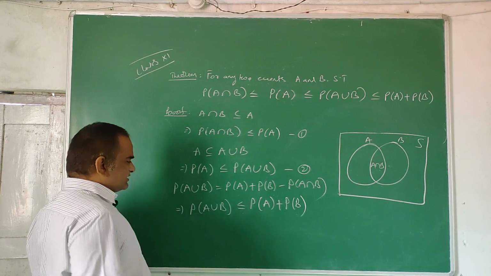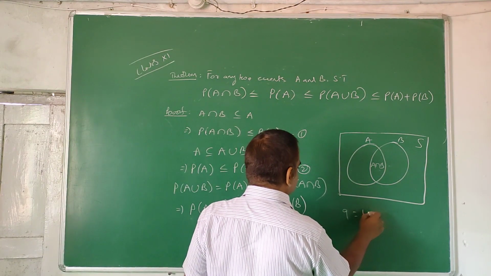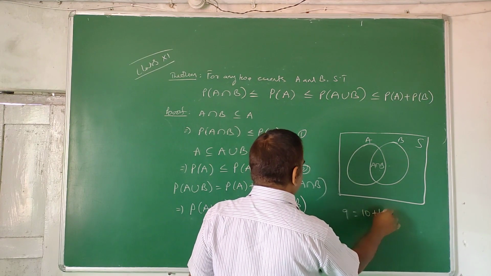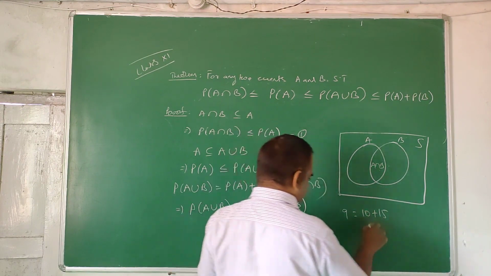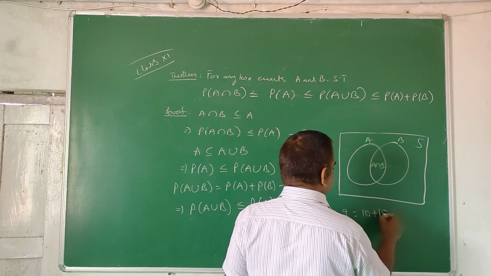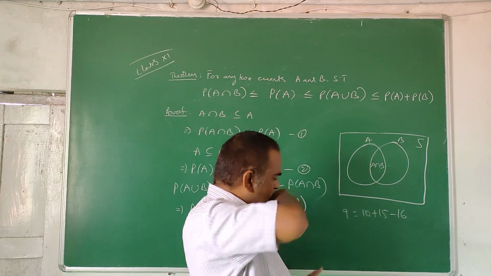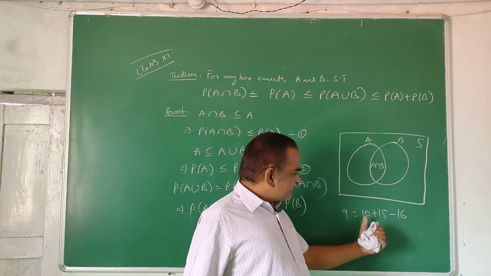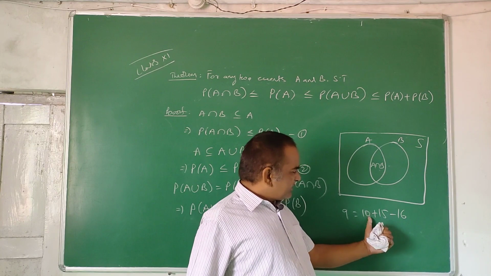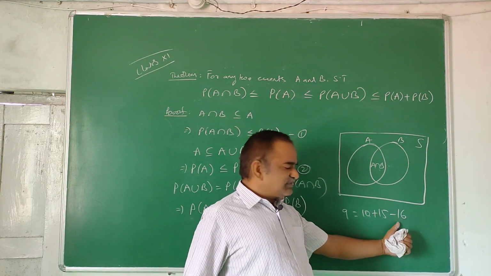Did you understand? See, for example, 9 is equal to 10 plus 15 minus 16. So 10 plus 15 is 25, and 25 minus 16 is 9.